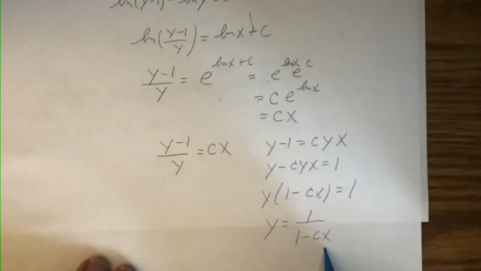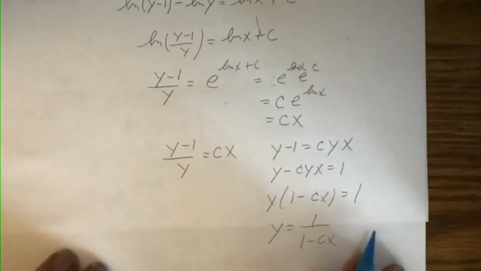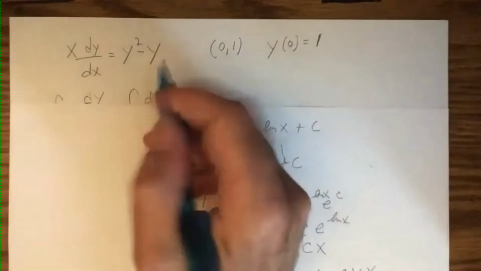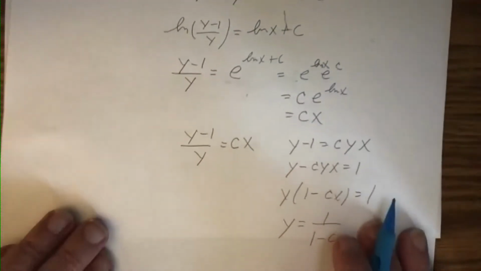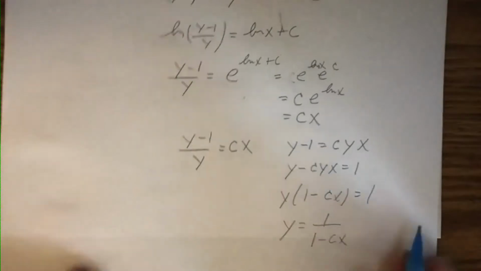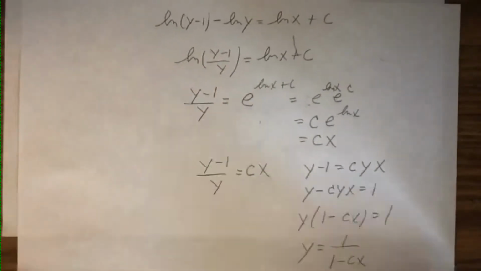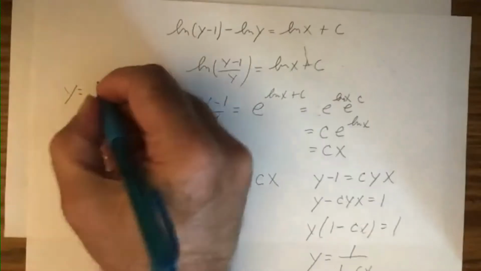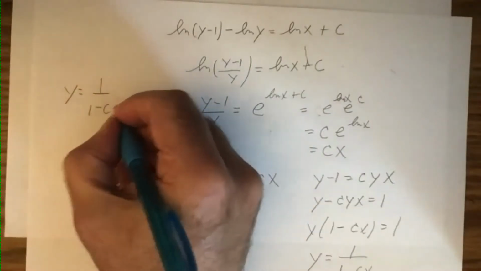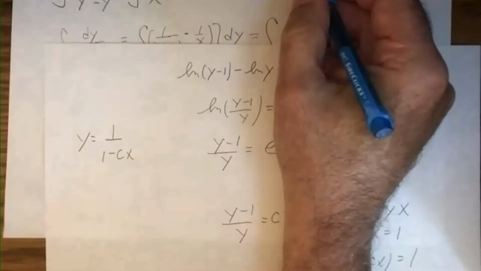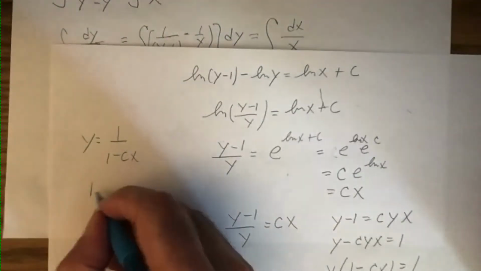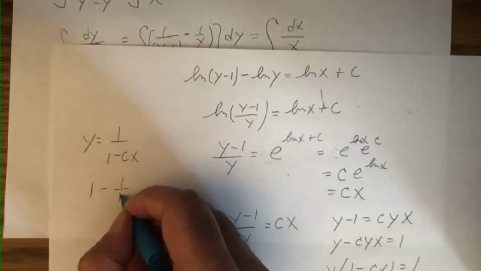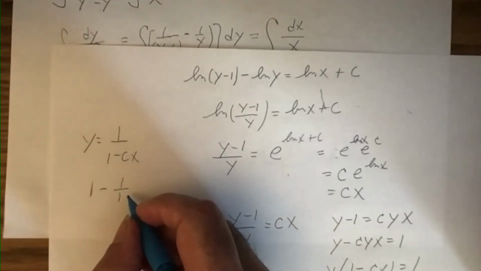So that's my general solution to this differential equation. Here's my differential equation, and this is the general solution. Okay, now I want to apply the initial condition. Let me write this: y is equal to, okay, so I want to apply the initial condition that when this is equal to 1, it would be 0.